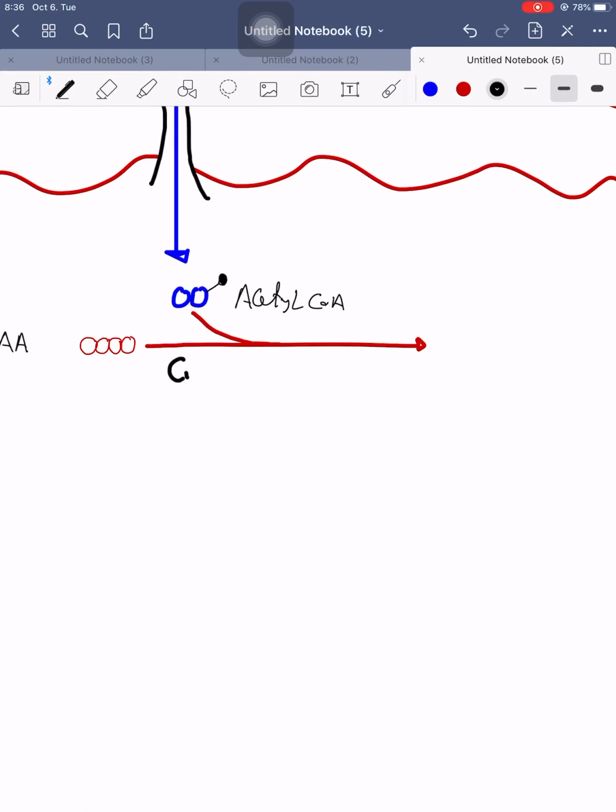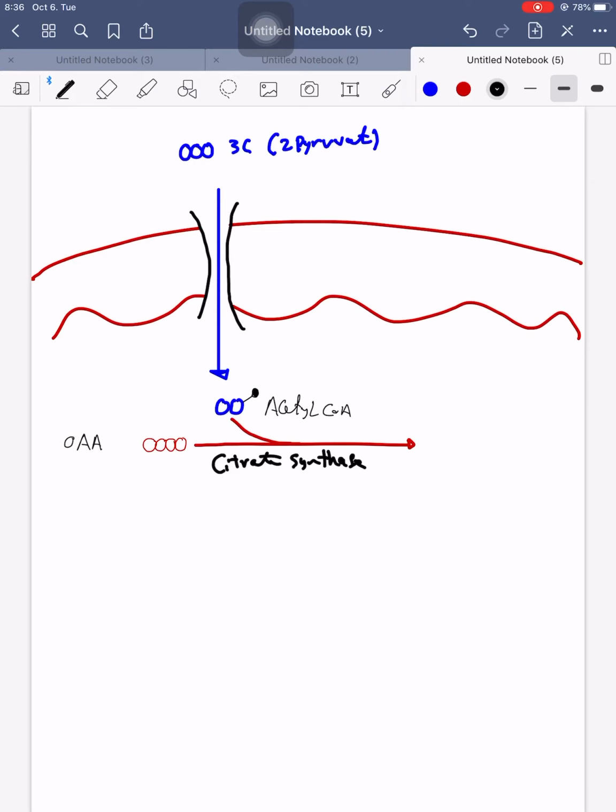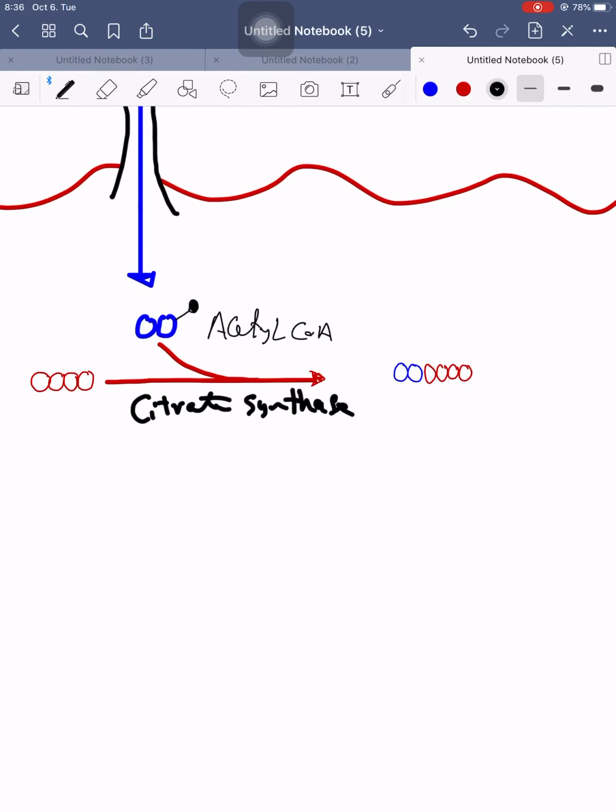Citrate synthase, which makes this condensation, will produce a 6 carbon molecule: 1, 2, 3, 4, 5, 6, and there is no coenzyme. So you can understand that within that reaction, we are bringing the coenzyme outside.